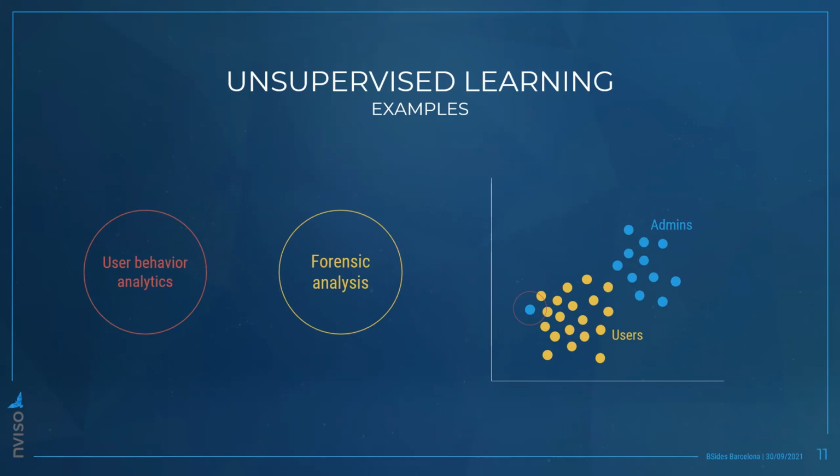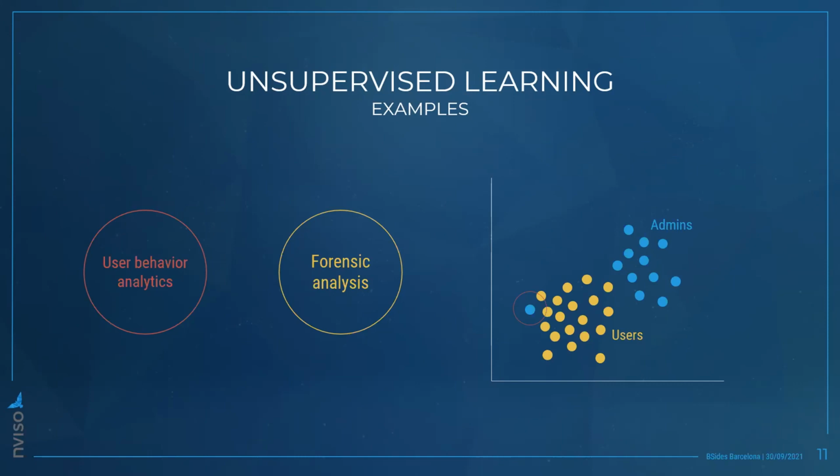If you look at a very simplified example here, you can say that the behavior of admins has some typical traits, putting them into one group, like the blue cluster you can see here. And the typical behavior of your users is in a different group, like the yellow cluster here.